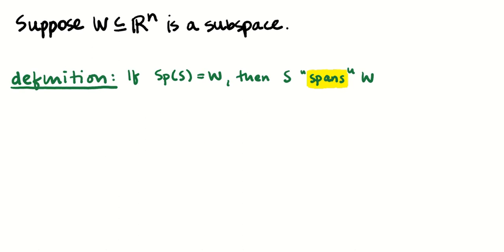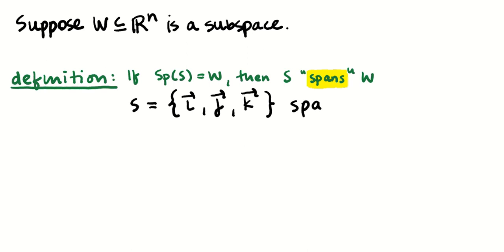For example, the set S equals {i, j, k} spans all of R3, because we know that we can make any vector in R3 as a linear combination of i, j, and k.